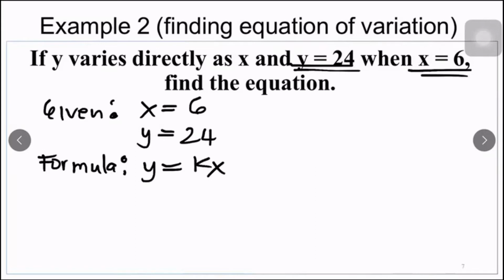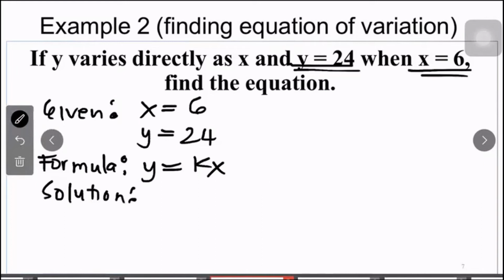Next, for our solution, always remember, in identifying the equation of variation, the first step is we need to identify the k value. So now let's identify the k value by substituting the given to our formula. It will become 24 is equivalent to x, which is 6, multiplied by k.